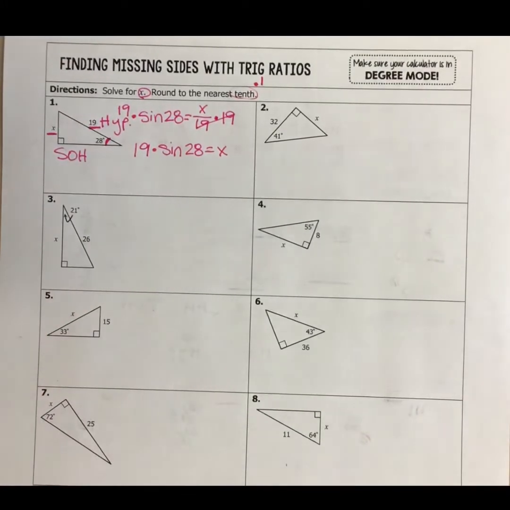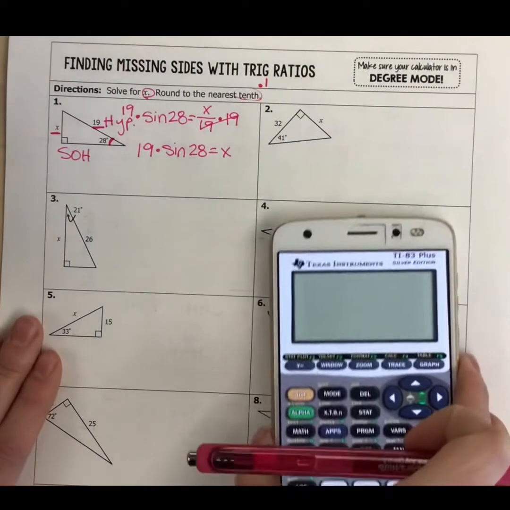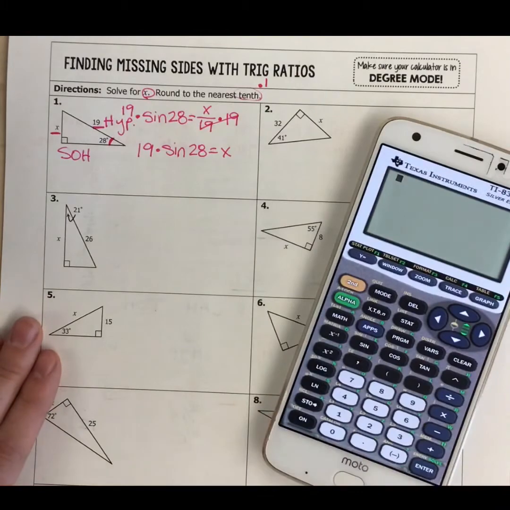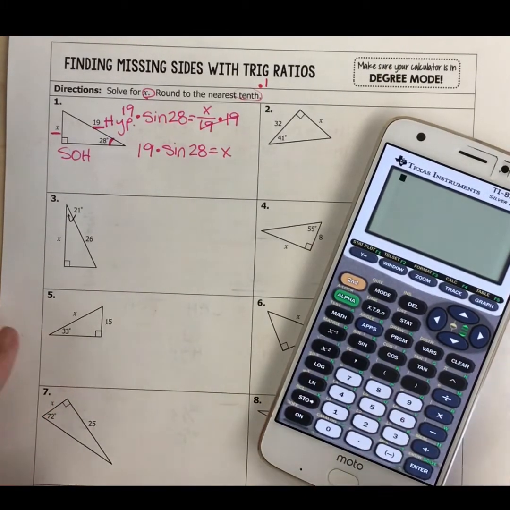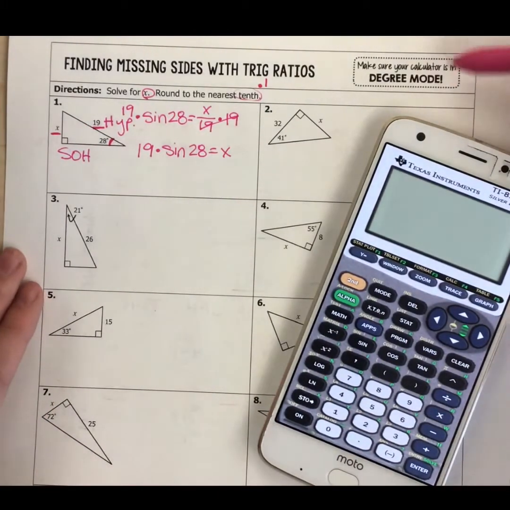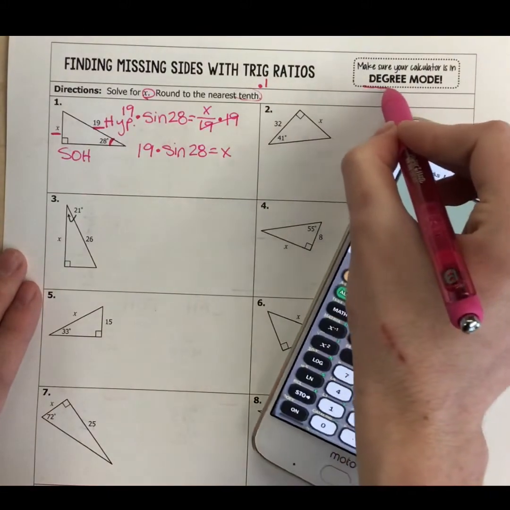Now, what you should do for this one is get out a graphing calculator of some kind. Maybe you have that WabbitEmu app that I told you to download. Maybe you already have a graphing calculator. Either way, as long as you have a graphing calculator, you can see mine here is that app on my phone. We first need to make sure that our calculator is in degree mode.